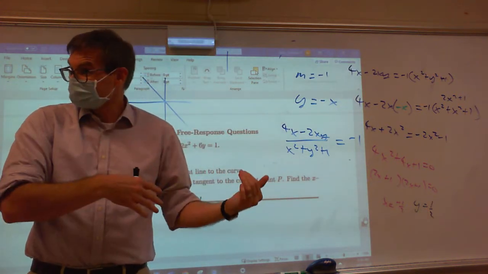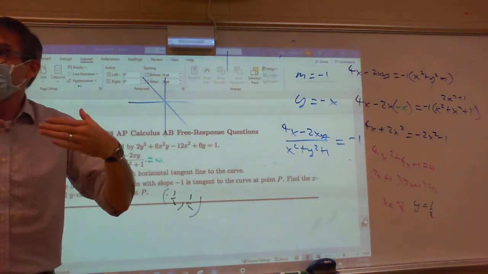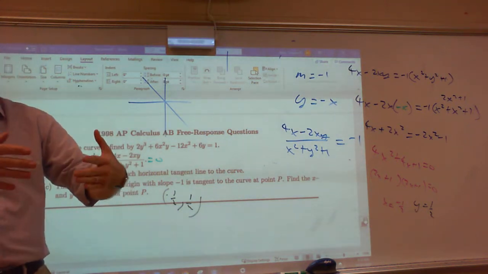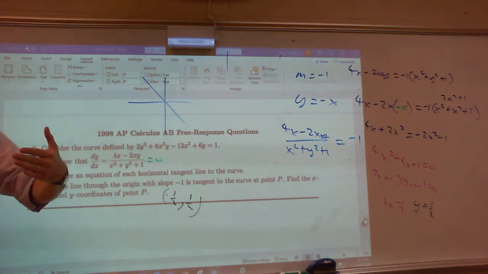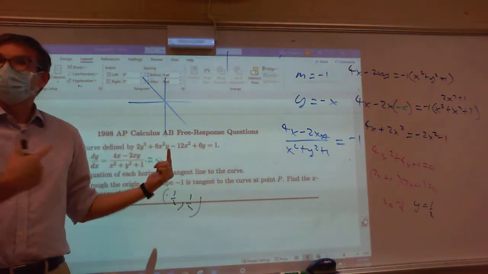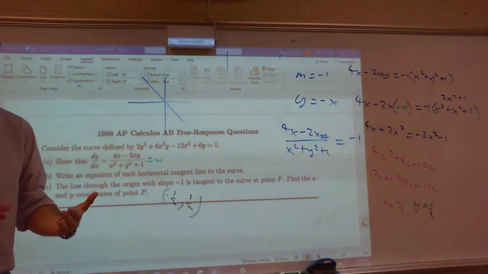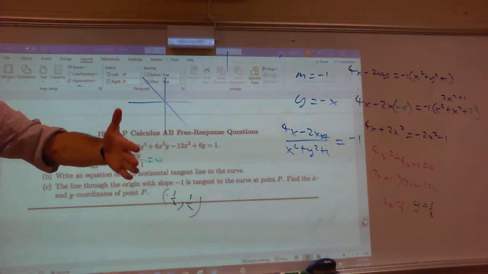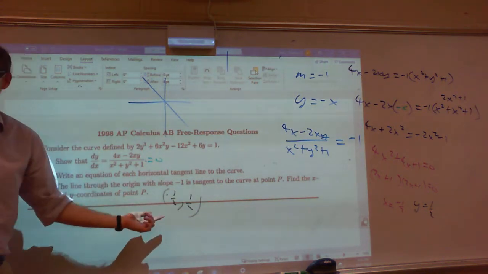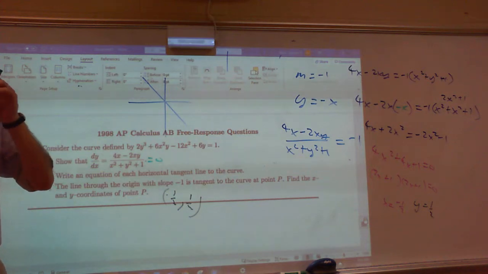So that made taking the derivative a whole lot easier. Right? So there are things that we're going to learn in the future that's going to make some of the stuff we've been doing easier. This doesn't get easier. There's nothing I'm going to teach at any chapter in the future that's going to make this problem any easier. Right? So that's the other thing.